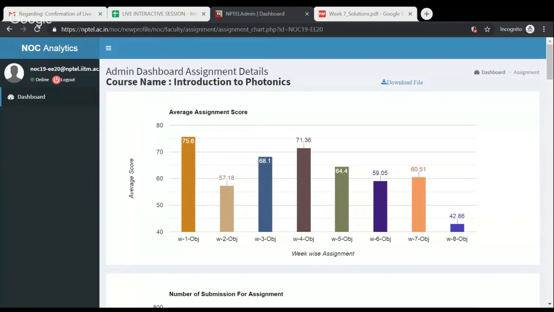And for example, if you see week 7, which is what I've been talking about just now, there is a healthy average of 60%. So I'm not too bothered by that. I'm actually quite enthused by that, because that means you're able to do these problems reasonably well. But now if I scroll down, I can scroll down.